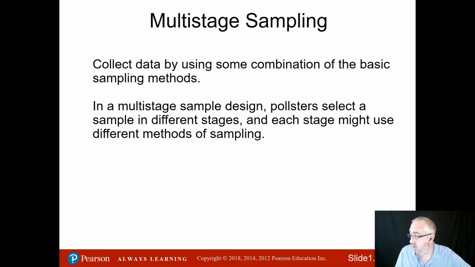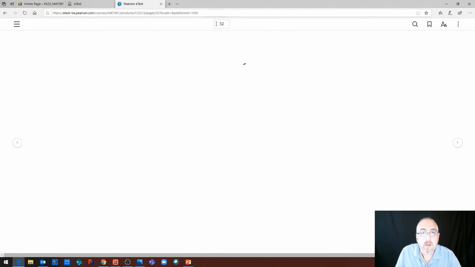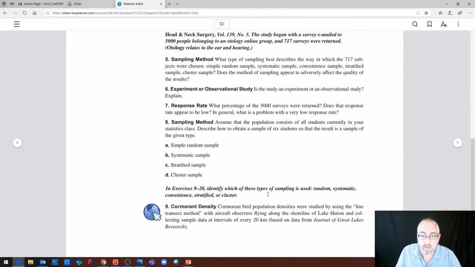So in looking at our notes, it looks like we have some examples from the textbook, so I'm going to pop over there. All right, and we want to go to page 32. Looking at number 9, identify which of the sampling methods is used: random, systematic, convenience, stratified, or cluster.